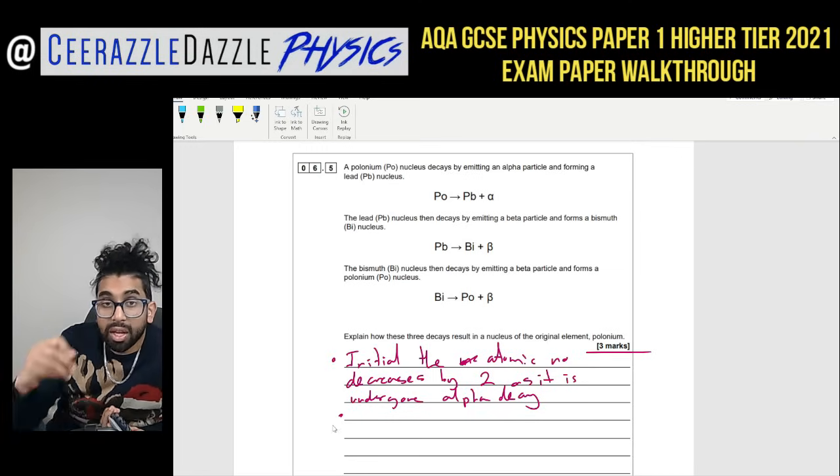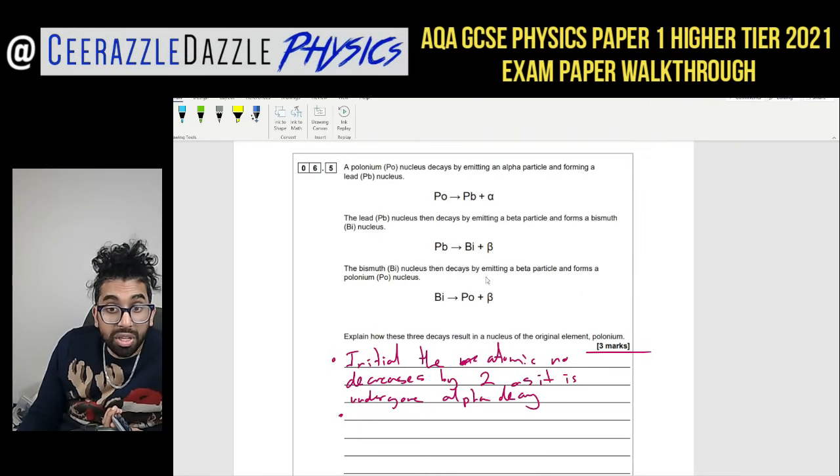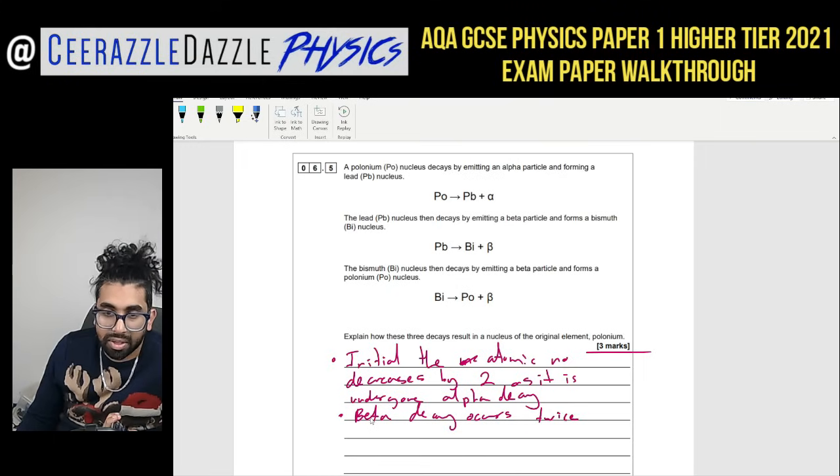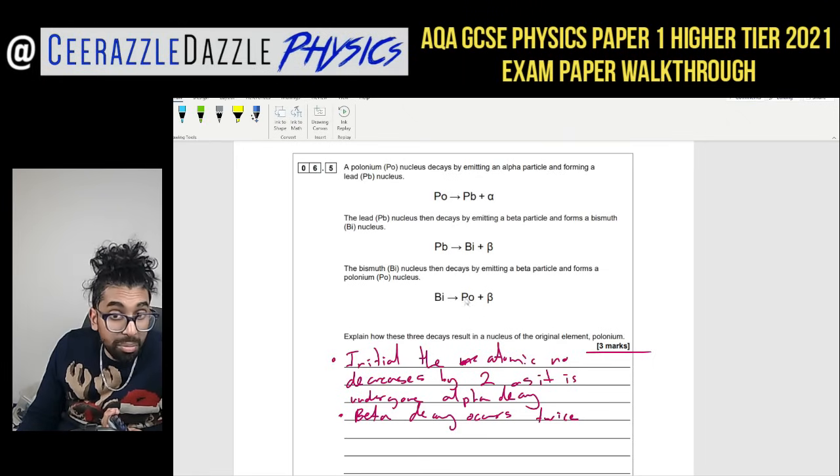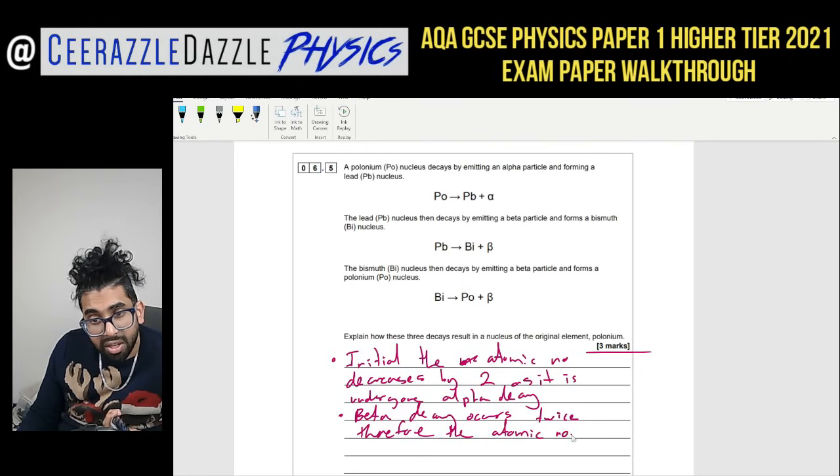Hopefully you can remember that when beta decay occurs, the atomic number goes up by 1. So beta decay occurs twice. Beta decay then occurs twice. And every time beta decay occurs, the atomic number goes up by 1. So therefore, the atomic number increases by 2.